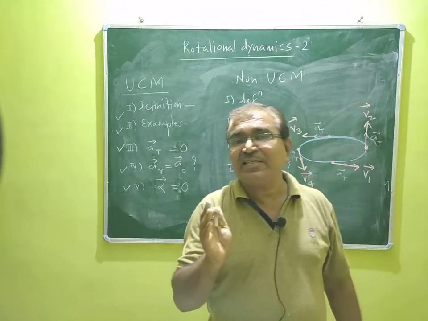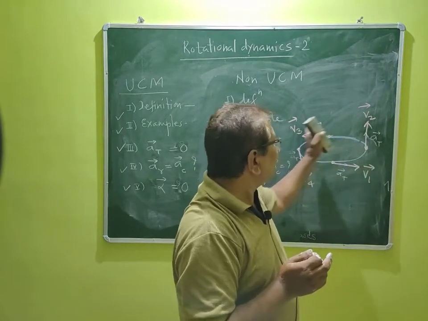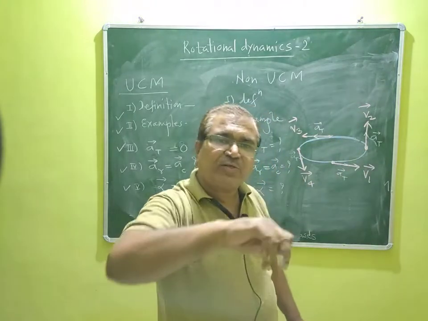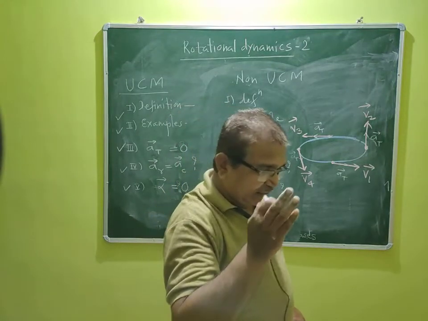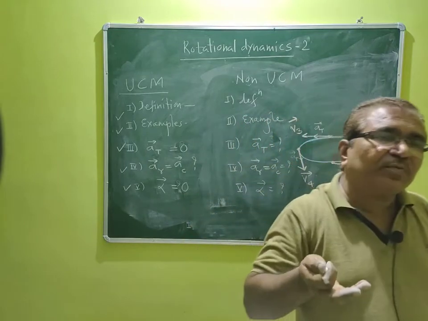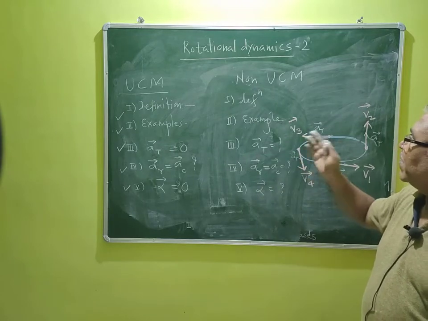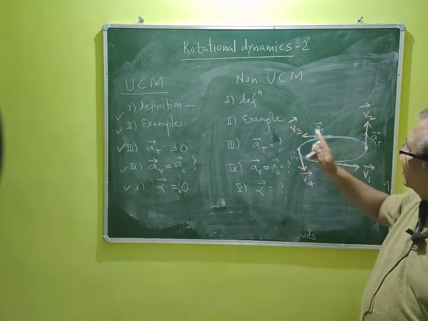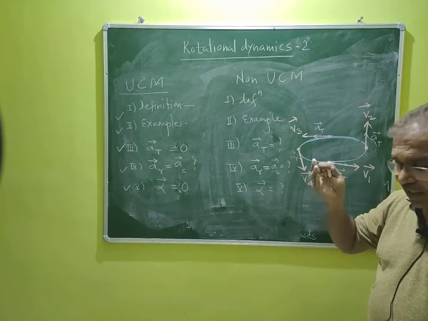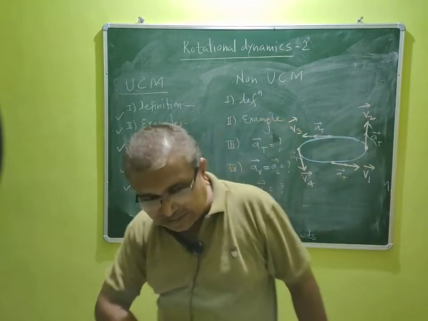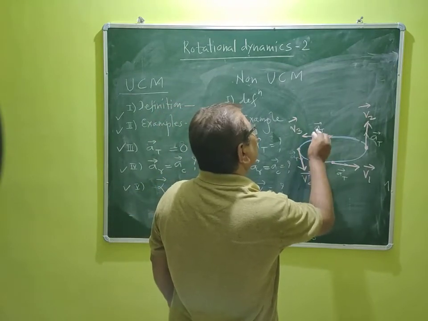Not only the direction of linear velocity but also the magnitude of linear velocity changes from position to position, and since at every position the magnitude of the linear velocity changes, we get tangential acceleration. If the magnitude of the linear velocity increases, then tangential acceleration is along the direction of the velocity, and if the magnitude of the linear velocity decreases, then tangential acceleration is opposite to the direction of the velocity like this.